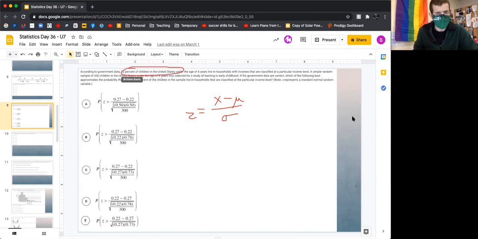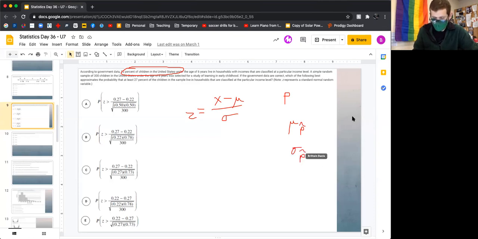That's a proportion of children in the United States. So we are dealing with proportions, and we're going to be looking at the sampling distribution. So immediately when you notice proportions, you can be thinking sampling distributions. This is a mean of p hat, the sampling distribution of sample proportions.